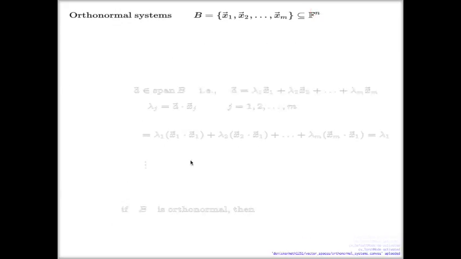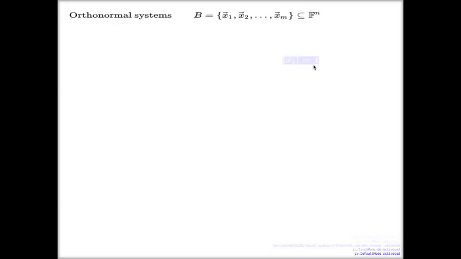I start with a system of n-tuples. It has m elements. Apologies, not necessarily the same as the dimension of your n-tuple space. We're going to call this an orthonormal system if two conditions are met.